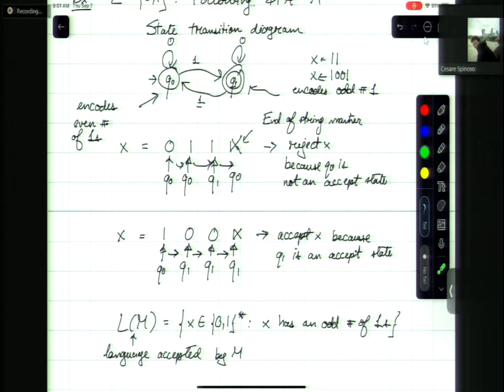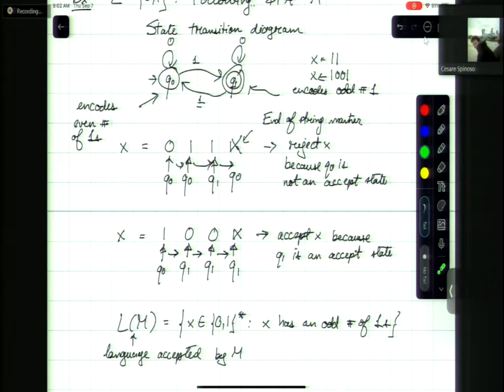Yeah, so that's another good question. So these are all good questions that you need to see more examples to talk about. But you can have as many accept states as you want, and as many not accept states as you want. Yeah, we'll see an example of that. Yeah, so I think the question was, does every state have a purpose, right?